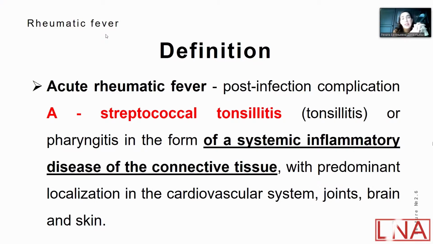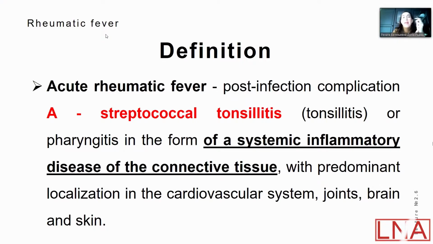Most affected in case of rheumatic fever will be connective tissue, with predominant localization in the cardiovascular system, especially the cusps of the valve, and also the joints, brain, and skin.